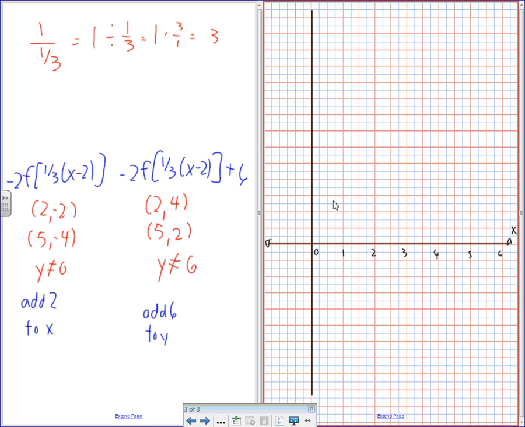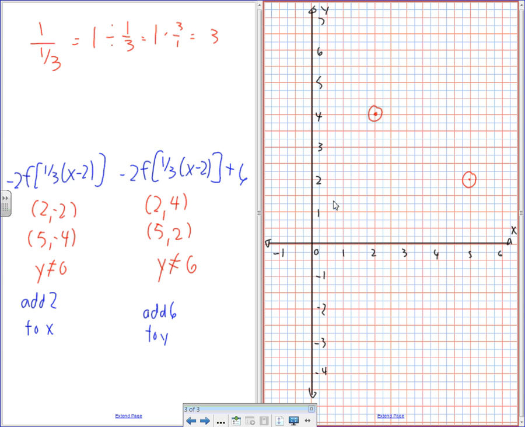There's my x. There's negative 1, 1, 2, 3, 4, 5. Lovely. This is y. Negative 1, negative 2, negative 3, negative 4. Okay, so I'm going to draw my points: 2, 4, which is up here someplace, and 5, 2, which is over here someplace.